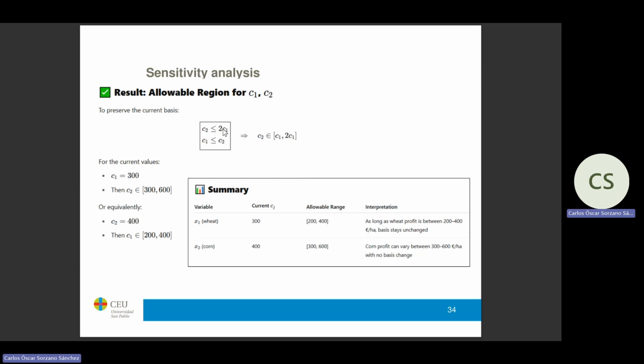And we have computed here C2 as a function of C1, but you could compute C1 as a function of C2. And this will be your result. As long as C1 is between C2 and half of C2, then the solution will be optimal. So as long as the profit of the wheat is somewhere between 200 and 400, or the profit of the corn is somewhere between 300 and 600, the solution you have found is the optimal one.